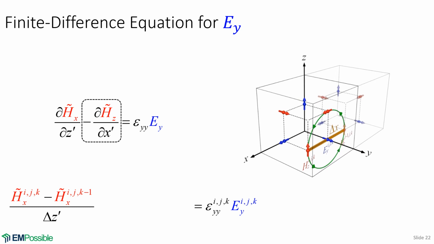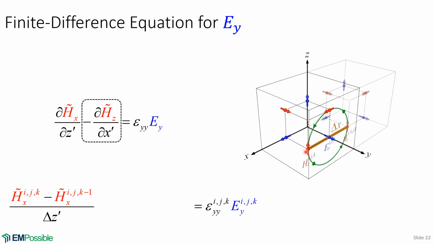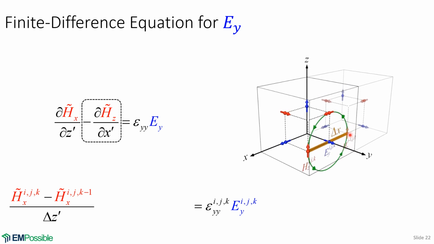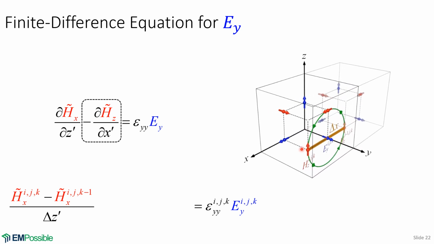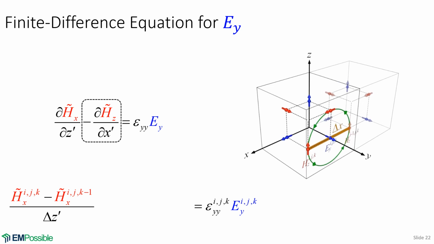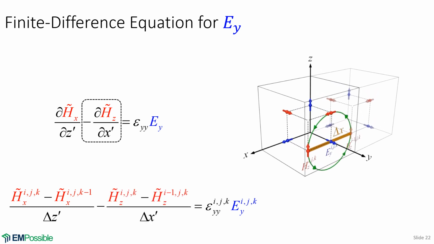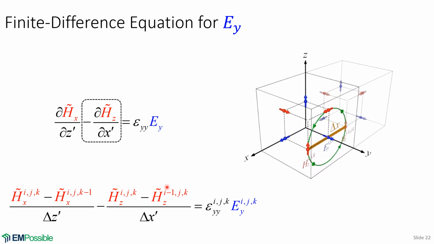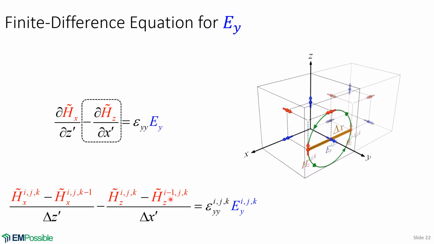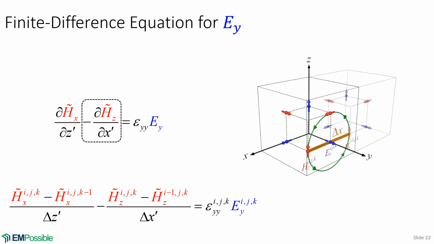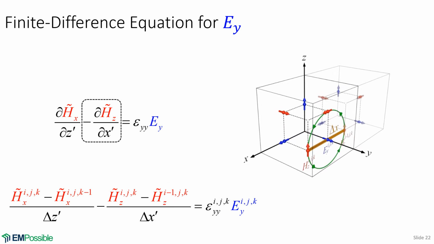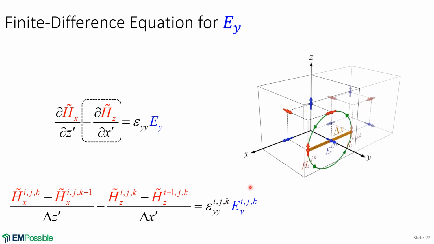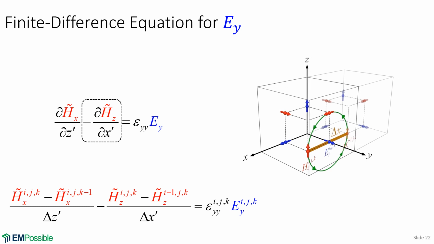So our finite difference equation will read this way: hz from the same cell minus hz from the previous cell in the x direction divided by the spacing delta x. And so all terms in that finite difference equation exist at the same points as Ey. So they're all at the same points in space.